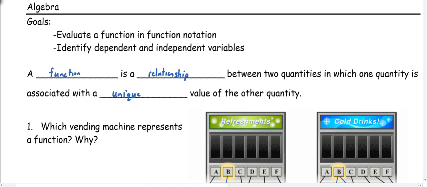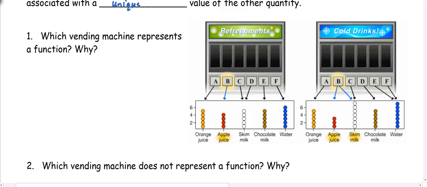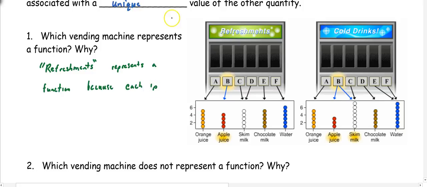So based off of those machines, we want to know which vending machine represents a function and why. In this case, we would say that the refreshments machine represents a function because each input is assigned to a unique output.